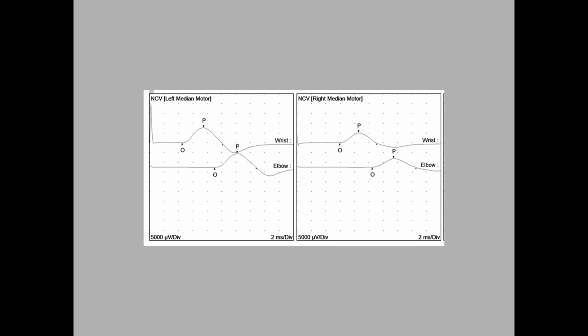So if you have to confirm with EMG, is your answer still yes? If the EMG is normal, yes. Doesn't that just affect how you're going to grade the severity, correct?